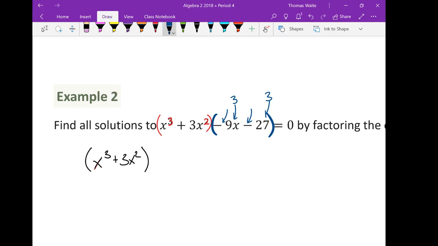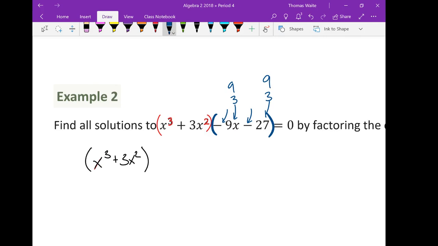Well, 9 goes into this first term. 9 is a factor of this first term. And is 9 a factor of 27? I'm checking right now in a calculator, 27 divided by 9, and sure enough, it is. 9 is also a factor of 27. So it looks to me like these definitely have something in common.